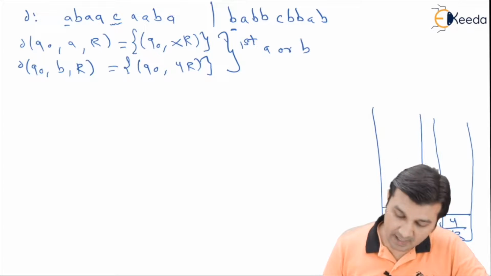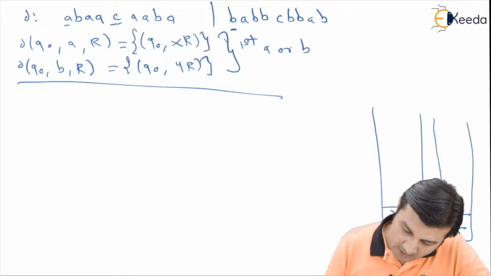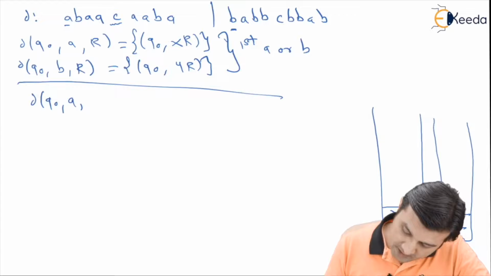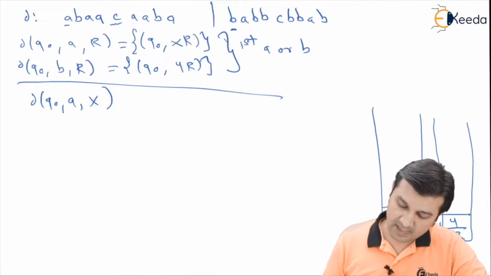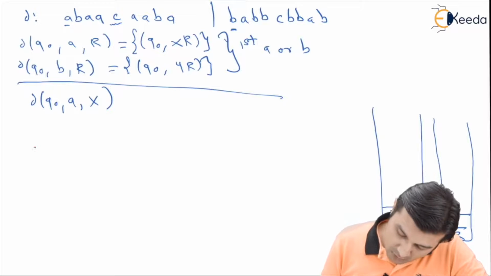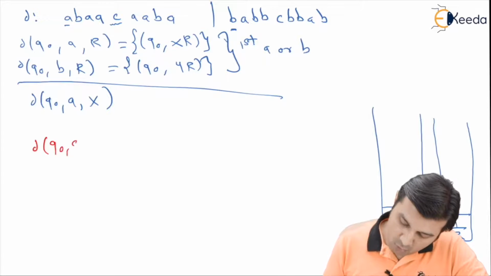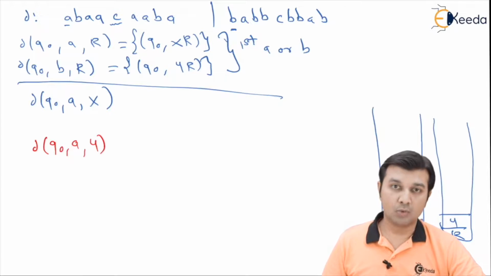So, let us consider that. Now, I say, this is one part. Going ahead, I say I'm in state Q0, my input is A and the stack top is X, one valid transition. And I can also say I am in Q0, my input is A, but my stack top is Y, in consideration with stack 2.